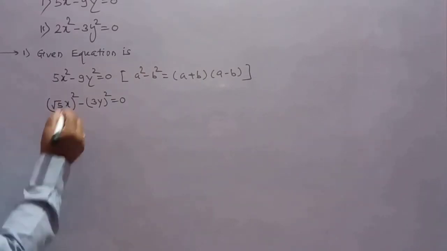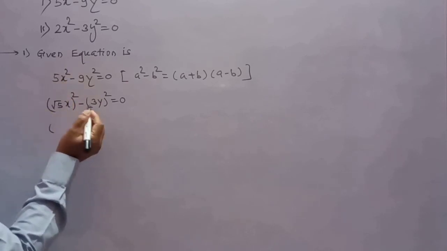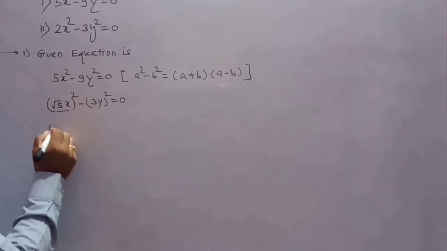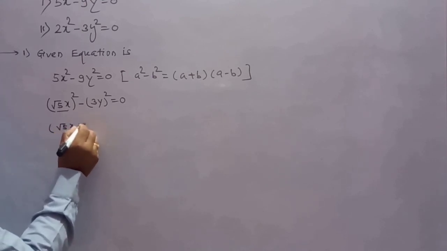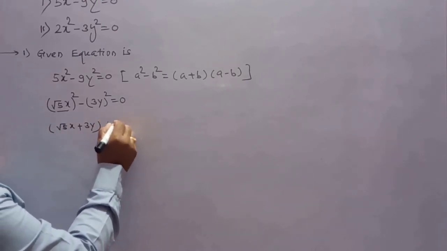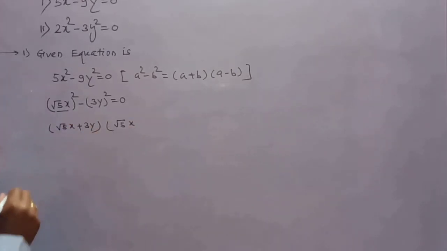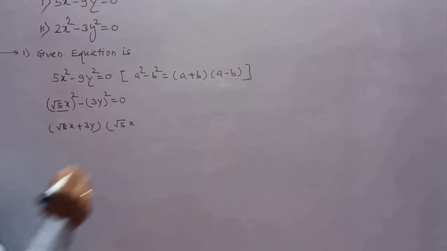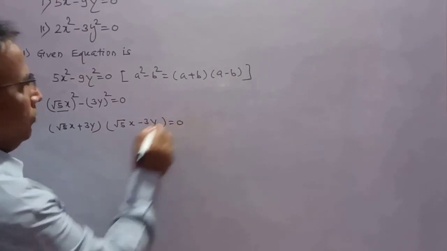Here a is root 5 into x and b is 3y. So a plus b is root 5x plus 3y, into root 5 into x minus 3y, equal to 0.